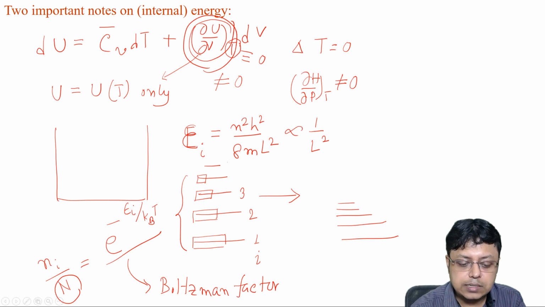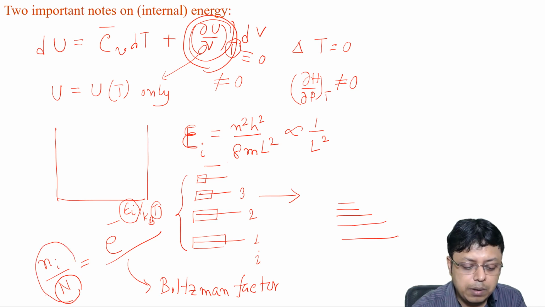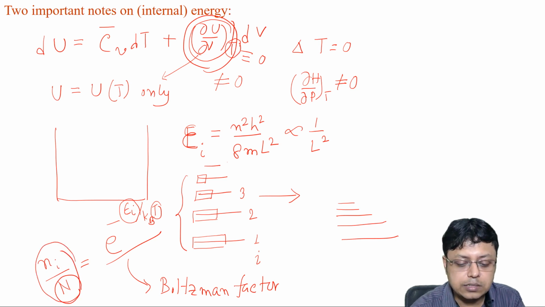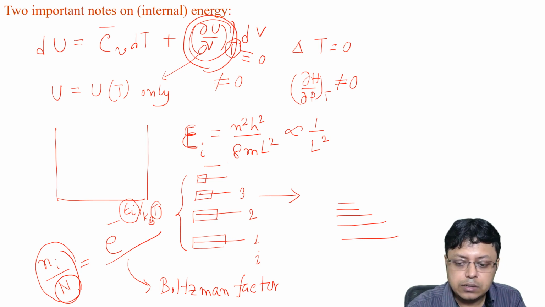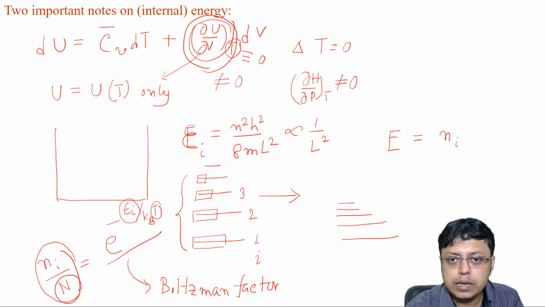Now the fallacy is here, when I am changing the volume, as long as the temperature is constant, the fallacy can be resolved as this. So the answer why (del U/del V) at constant T is 0 can be answered like this. The total energy of the molecule will be the number of molecules occupying a state multiplied by the energy of that state, taking a sum over all the energy states, which will be nothing but the sum of epsilon_i.